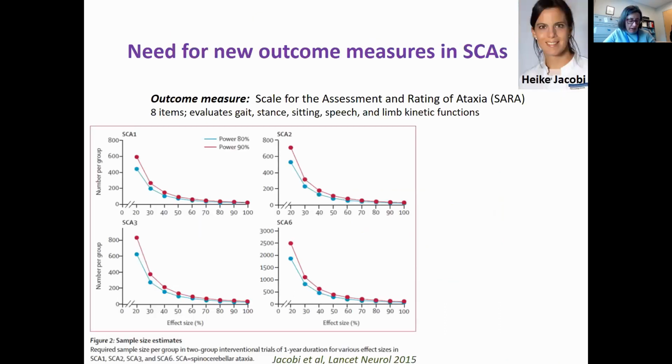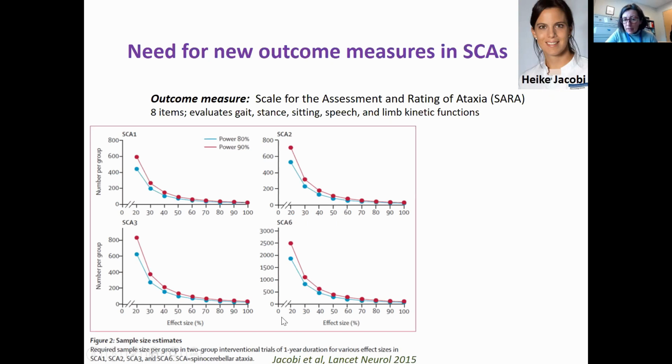So I have only a few slides to cover the topic of clinical trial readiness, and these are data from our other co-host Dr. Heike Jacobi, where they estimated the sample size that would be needed in clinical trials when the SARA scale is used as the outcome measure.